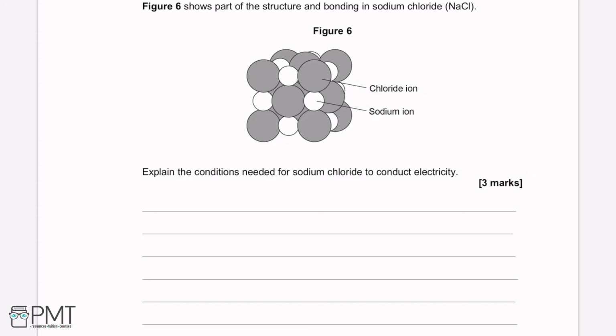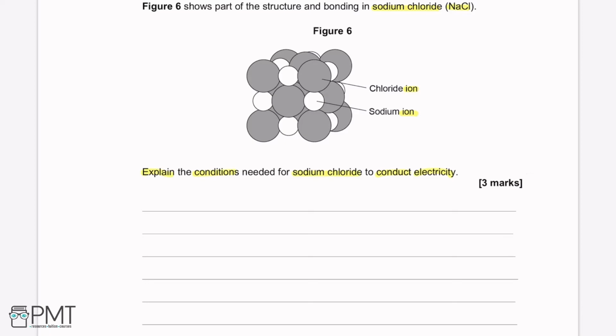Figure 6 shows part of the structure and bonding in sodium chloride, NaCl. So in figure 6, we can see a chloride ion and a sodium ion. Explain the conditions needed for sodium chloride to conduct electricity.